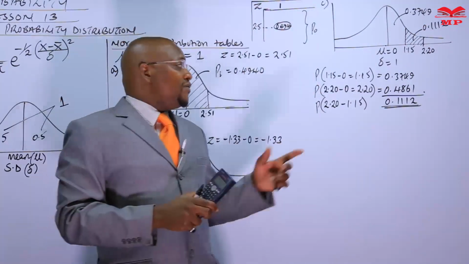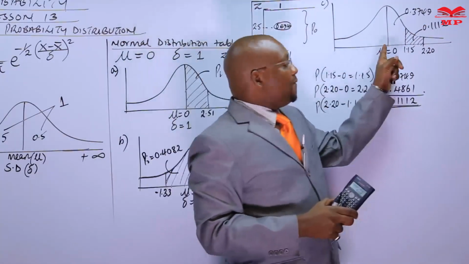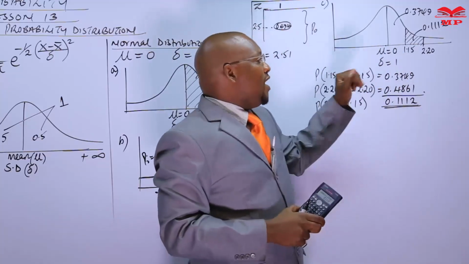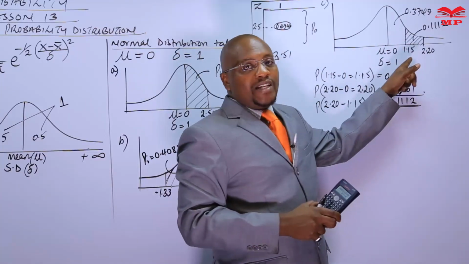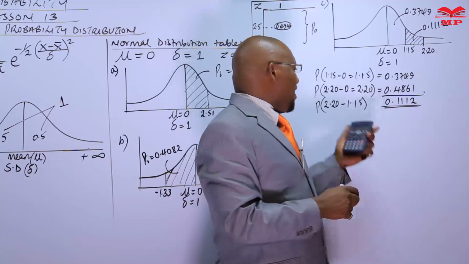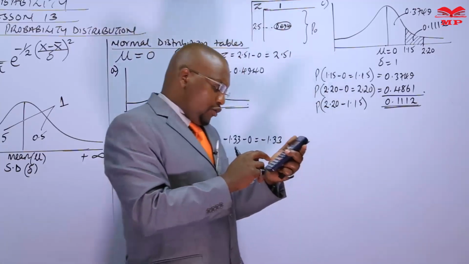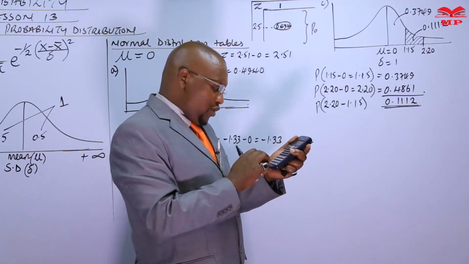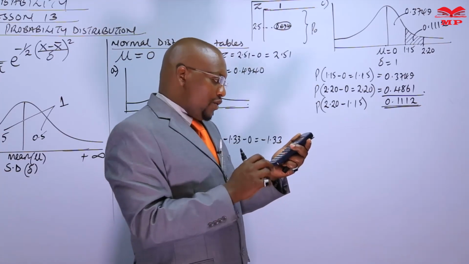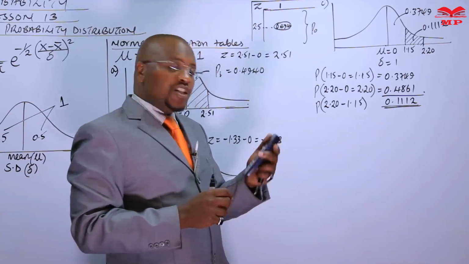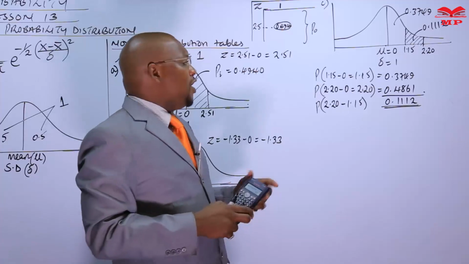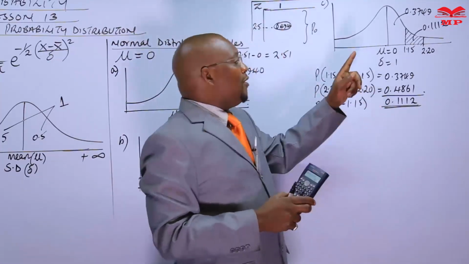So remember, we must work everything from the middle point. That's why I didn't just get the difference of these and then read from the table. Like if you say 2.2 minus 1.15, you get 1.05. You cannot read that one from the table. You must read from the middle, because this is a range.